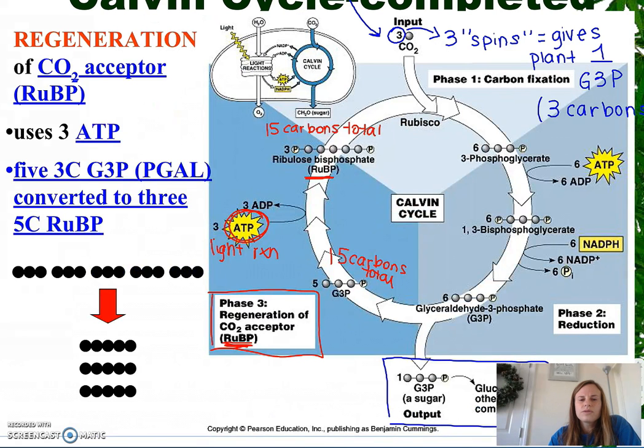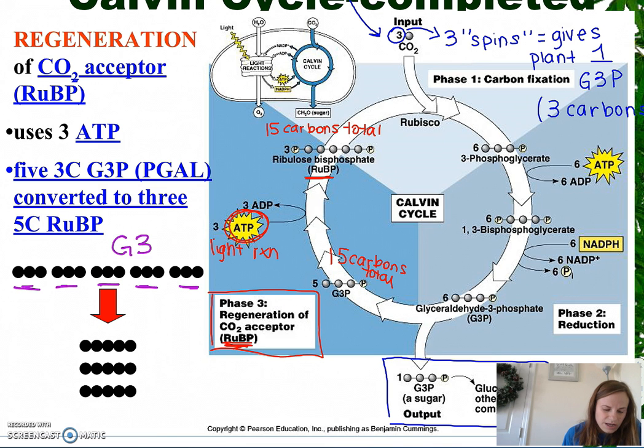So that's the next phase. This third and final phase of the Calvin cycle is called regeneration, because we are going to regenerate that ribulose bisphosphate, which is the carbon dioxide acceptor. So what happens is 5 3-carbon sugars, right? So I've got 1, 2, 3, 4, 5. And what are those 5 3-carbon sugars?